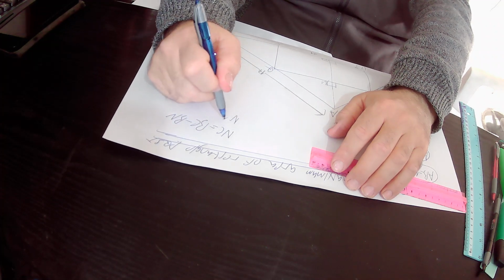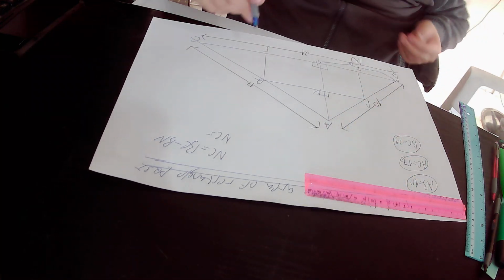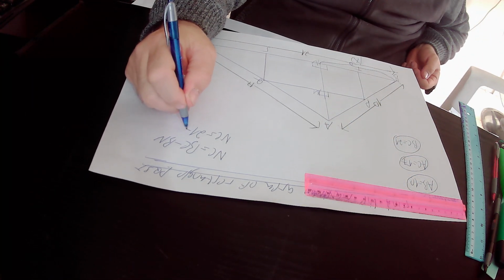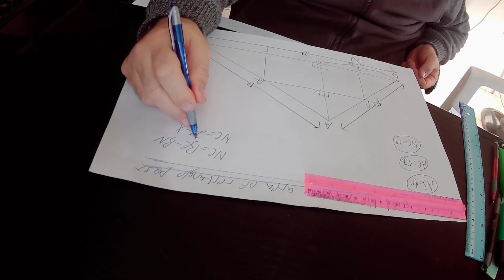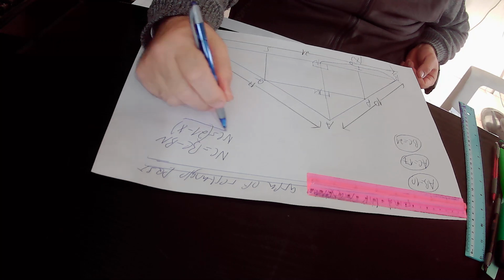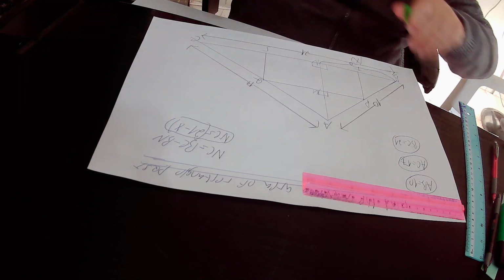So NC equals BC, that is 21 units according to what is given in the question, minus BN, which equals x according to our definition. So in total we found that NC equals 21 minus x.